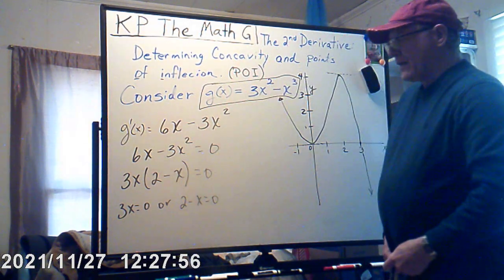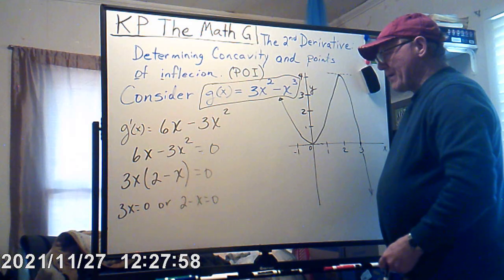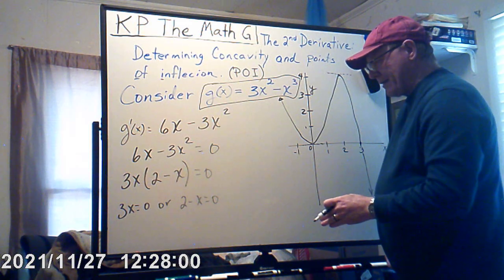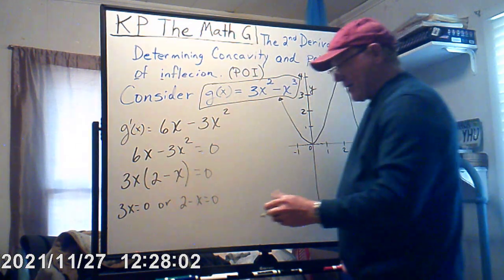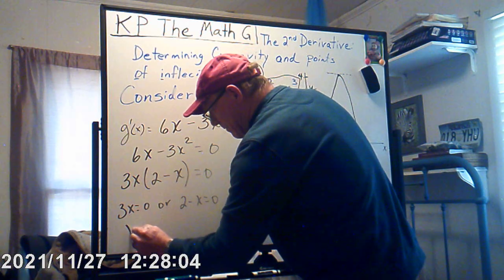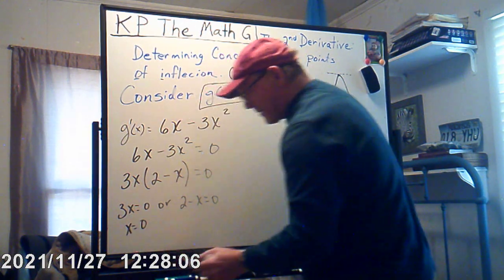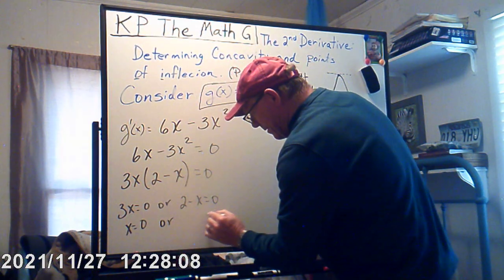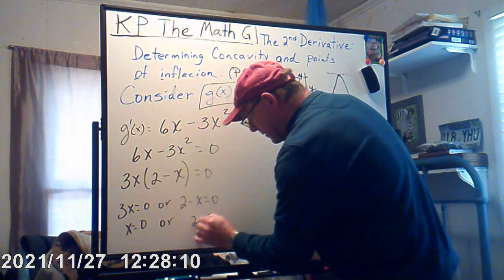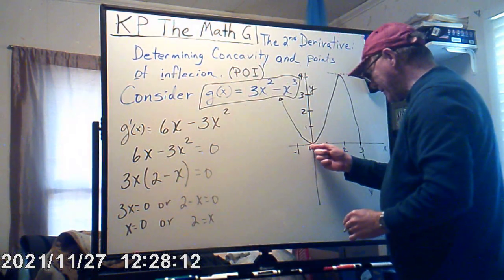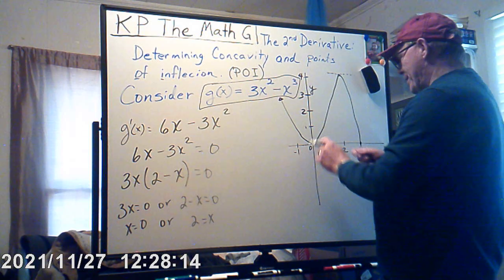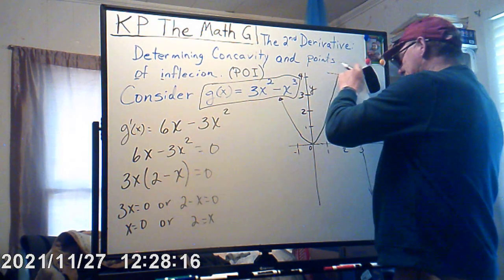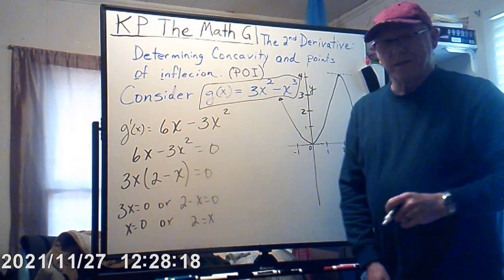So if we divide by 3, if 3x is 0, then x is 0, or x equals 2. And if we notice here, this is where those horizontal tangent lines are, aren't they?